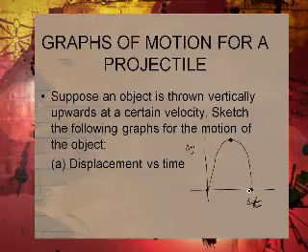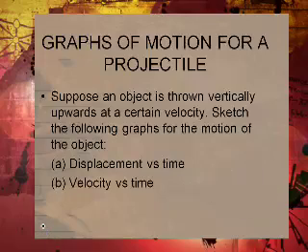So it comes down back to where it was at the position where it was projected upwards. One thing we need to know about this is that this will be half t here. If this is t, this will be half t. This graph has delta t here in seconds and delta y there in meters. So that will be displacement versus time.